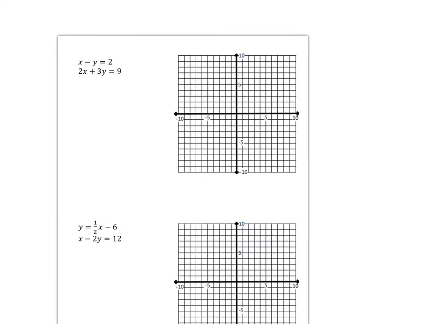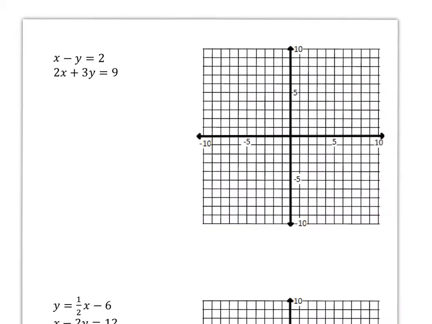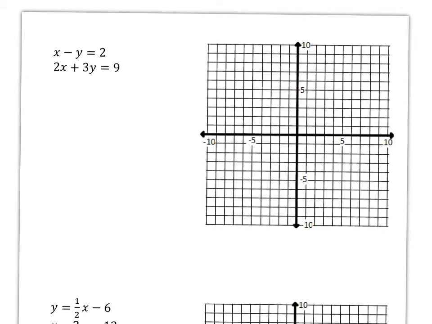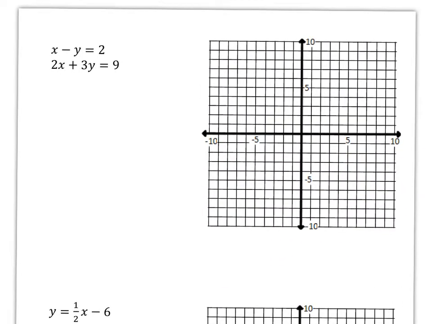Okay, let's take a look at this next example. For this next example, it appears that both of the equations are written in standard form. And in order to make it easier to graph, let's rewrite them into slope-intercept form. So I'll first rewrite this first equation, x minus y equals 2, into slope-intercept form, which again is y equals mx plus b.